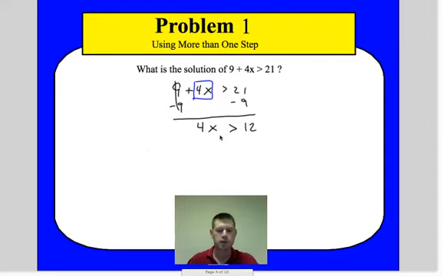And now we look at it and say, alright, I want to get the x by itself, and we always want a positive x by itself. So I have 4 times x. I need to divide by 4 to both sides. Now I am dividing by a positive, so therefore the sign stays the same. I get x, and 12 divided by 4 is 3. Okay, so I have x is greater than 3.